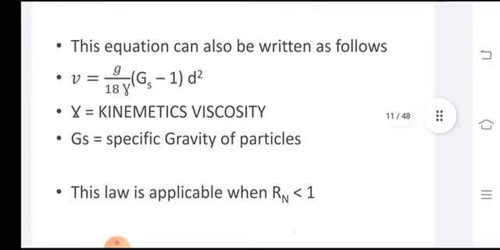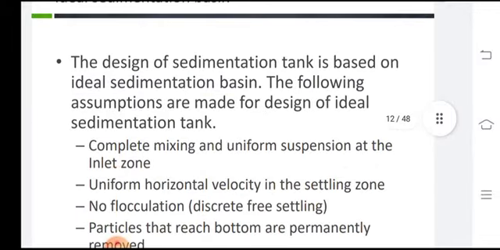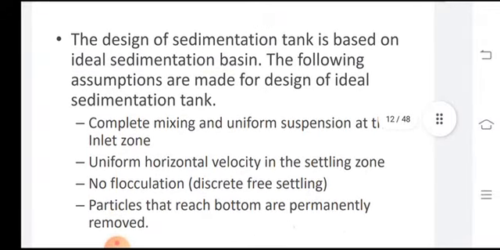Here is another form of this equation in which the specific gravity of the particle is mentioned. When we talk about the design of this sedimentation tank, we will be talking about all the flow which comes in through the inlet and then moves out through the outflow zone, and at the same time we will also consider the volume staying in the whole volume of the tank.